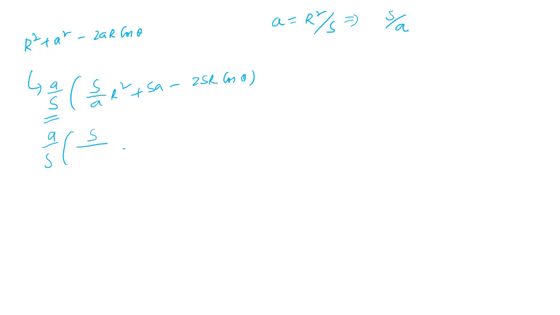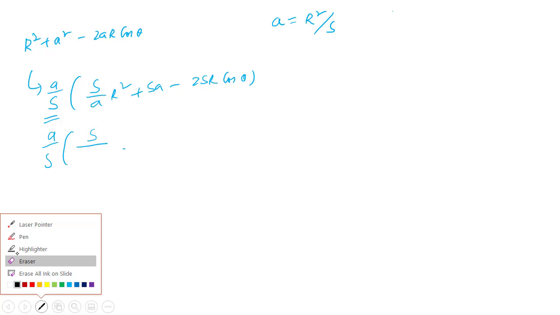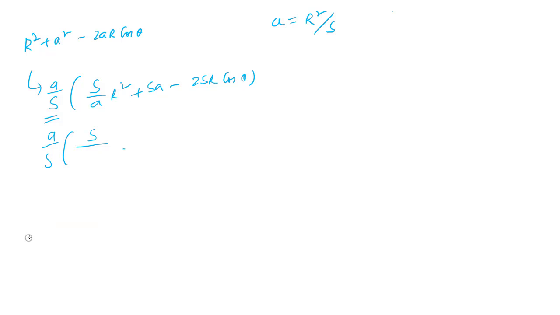Sorry, let me erase this. So we have a is equal to r squared by s. So s by a would give us s by (r squared by s), which is s squared by r squared, right?